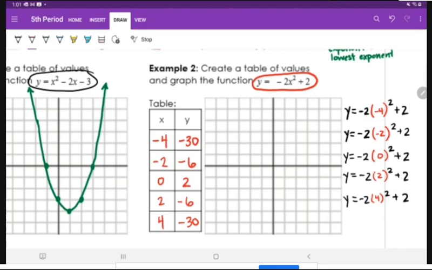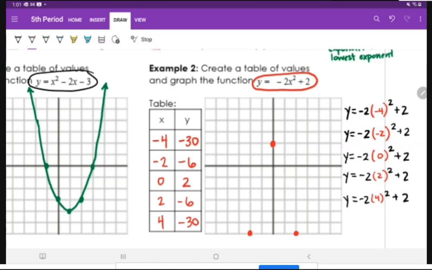All right, let's plot the ones that we can. -4, -30, not going to fit. But -2, -6 fits. That's down here. 0, 2 fits. And 2, -6 fits. That last point won't fit either.